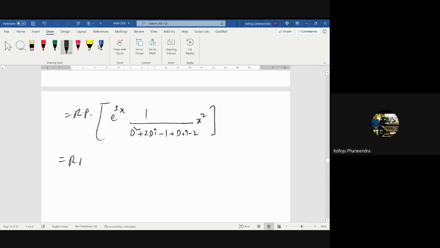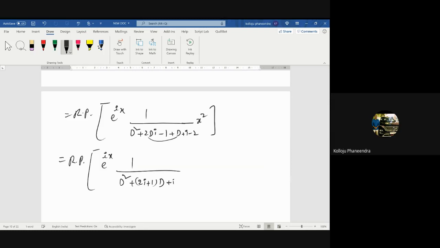This is real part of e to the power of ix, 1 by D square. Now take D terms, club D terms. These two are D terms. What is the common then? 2i plus 1 is common, D. Next one is minus 3.